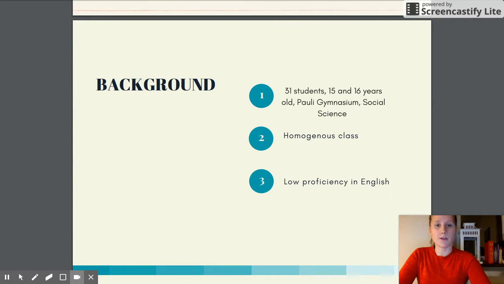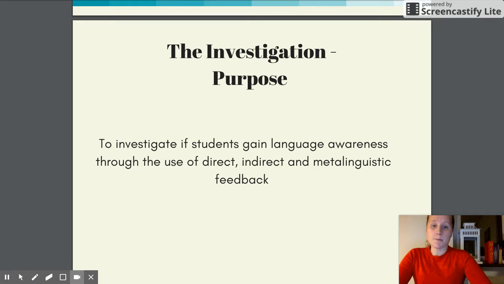And also, there are 31 students in that class, but not all of them participated in this investigation. The purpose of the investigation was to investigate if students gain language awareness through the use of direct, indirect, and meta-linguistic feedback.